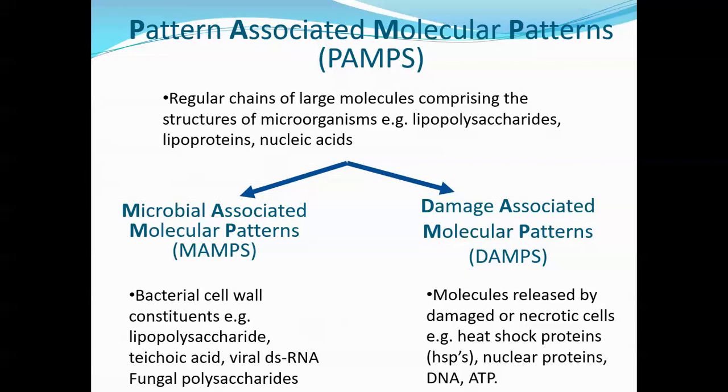It wouldn't form a viable membrane. So these are set structures on a bacterial cell. These are the structures that these receptors recognize, which we call pathogen-associated molecular patterns, or PAMPs.